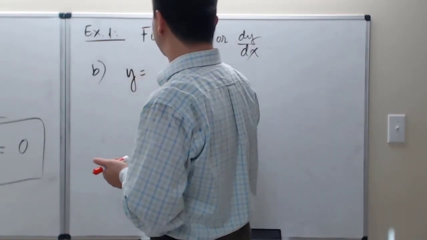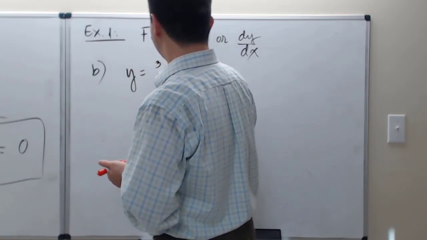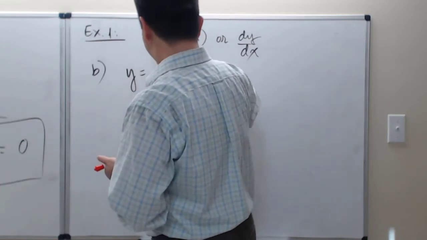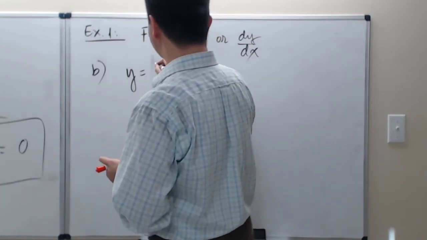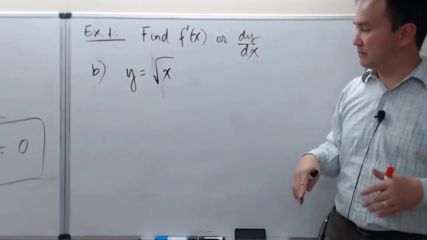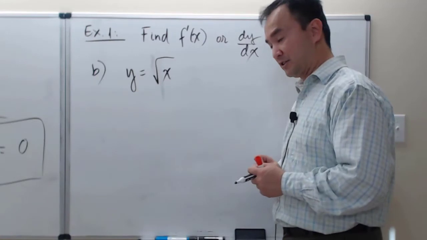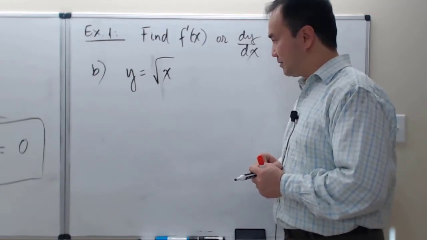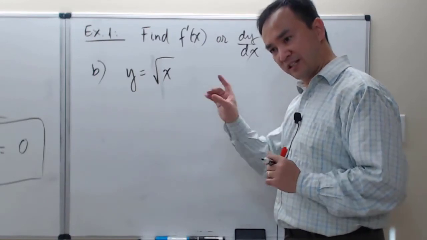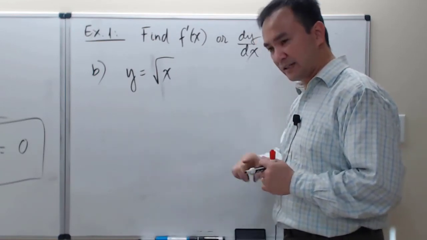y equals square root of x. I'm sure we have seen this derivative in our earlier lectures, but let's reinvent the whole thing and see how the power rule can be extremely useful for something like this.